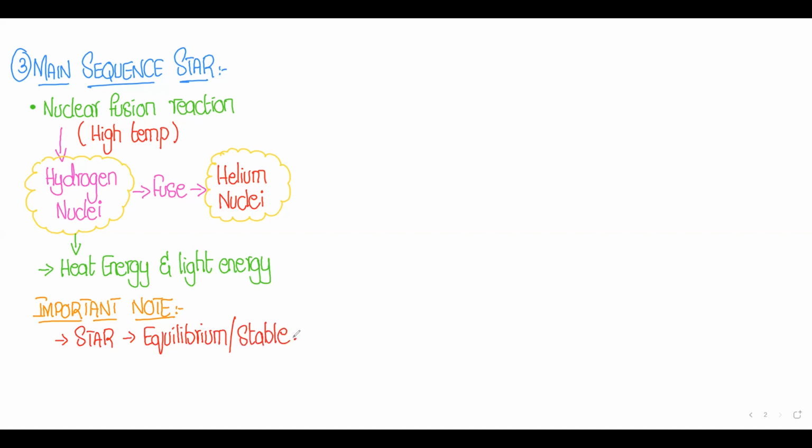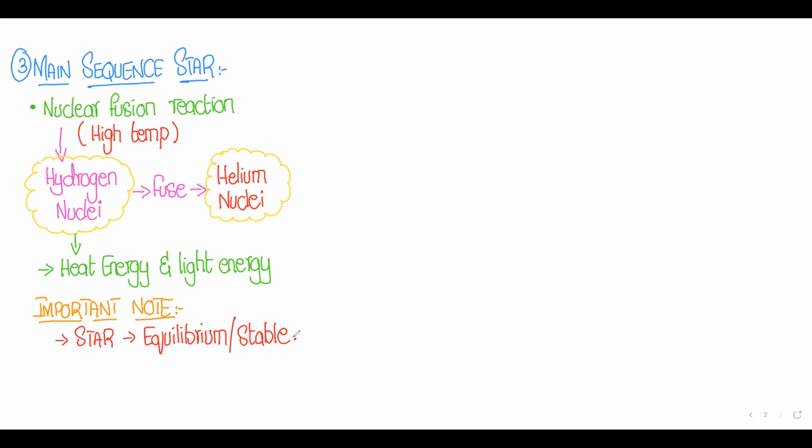And in a specimen paper, they also ask with reference to this stable state. So we need to answer from the third stage, right? We don't need to answer the first two stages because they start the question from the stable state. So we will continue with the third stage of the life cycle of a star, that is the main sequence star, starting from the equilibrium state, right?